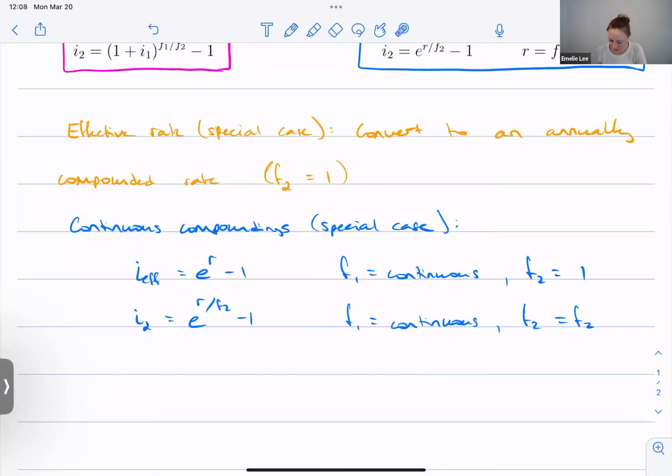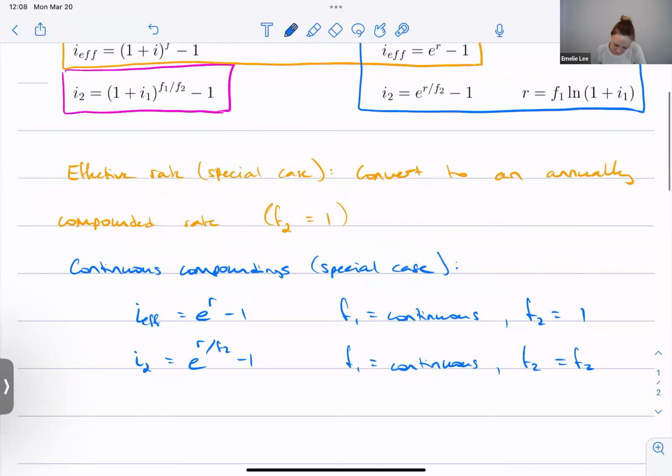Notice that this first one is just a special case of this second one. So you really don't need this first one. You can just use the second one, and if you let F2 be 1, you get the same thing. So you don't need all these formulas clouding your judgment.